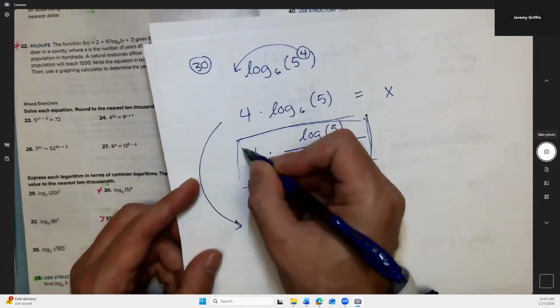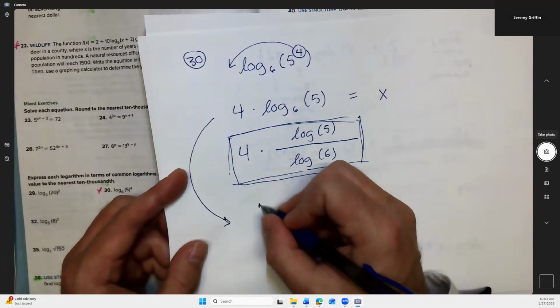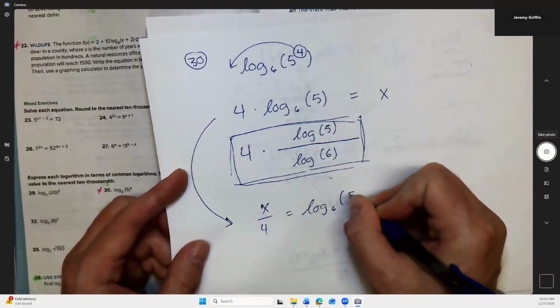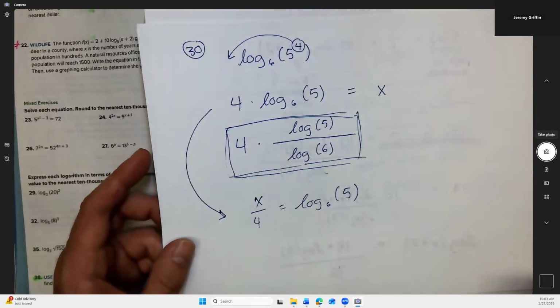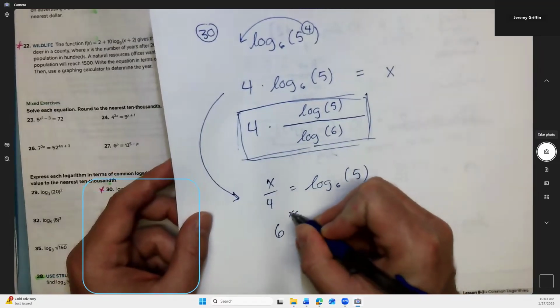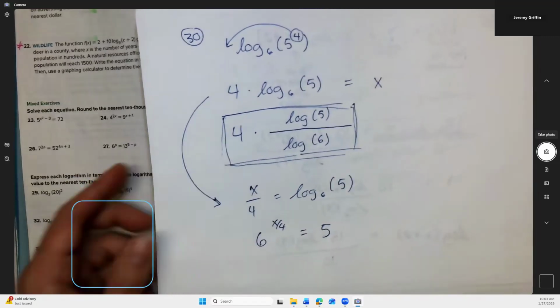But if you did any algebra switching, you would bury what you're trying to solve. Like you could say x over 4 is equal to log base 6 of 5. I mean, that would be a true statement. It just doesn't really help you solve for x. And you could do 6 to the power of x over 4 is equal to 5. That doesn't really help you solve for x either. Maybe it helps you create a puzzle.